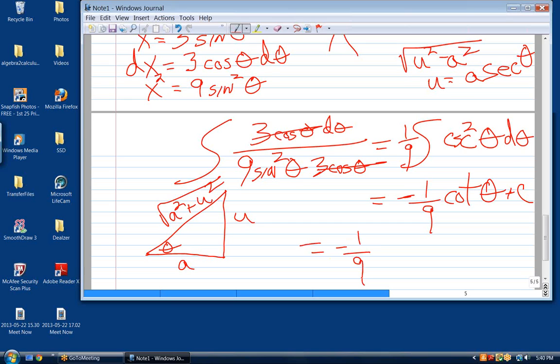It's the reciprocal of the tangent, so it's adjacent over opposite. So it's a over u. Well, a is 3, and u is x.